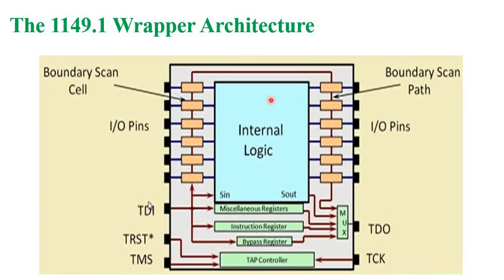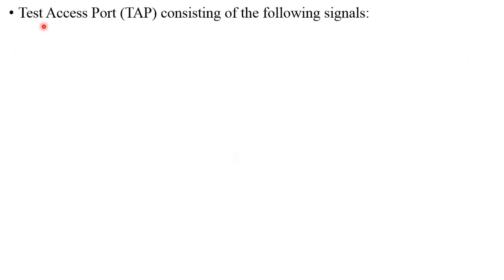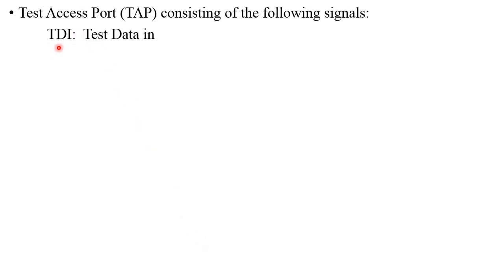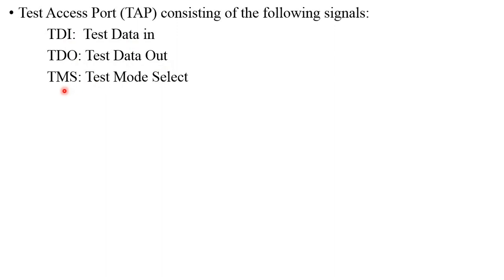First, what is meant by TAP? TAP is the test access port. The test access port consists of the following five signals. One is TDI, test data in, then test data out, and TMS, test mode selection. That means the type of mode of operation is selected by using the TMS.